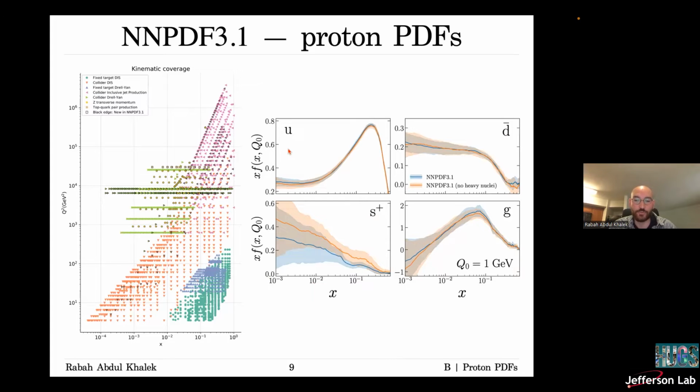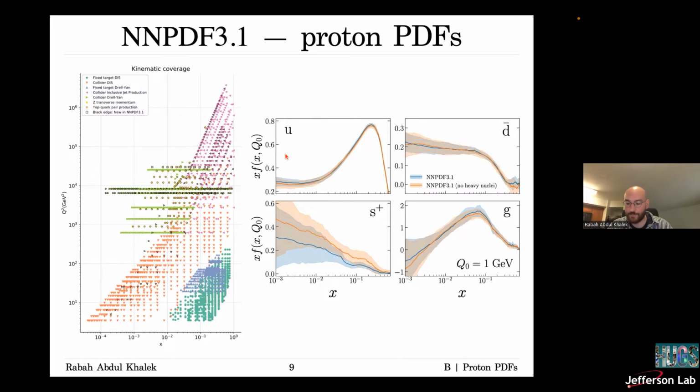These are used in all the phenomenology of QCD to predict new observables, or, for example, if you're making a new experiment and trying to optimize the detectors to find a certain process, you would need PDFs to do predictions and perform your analysis.